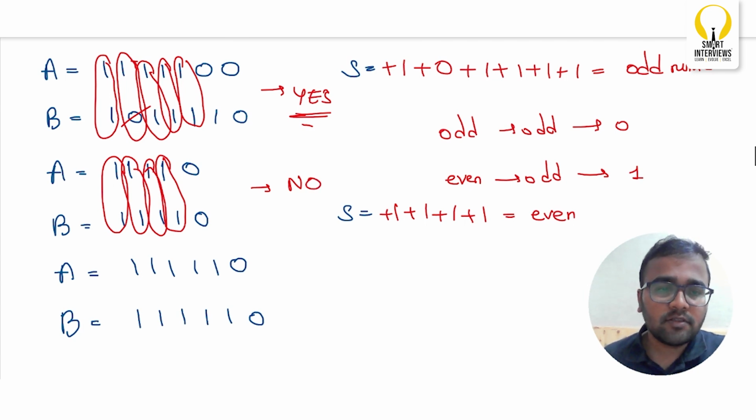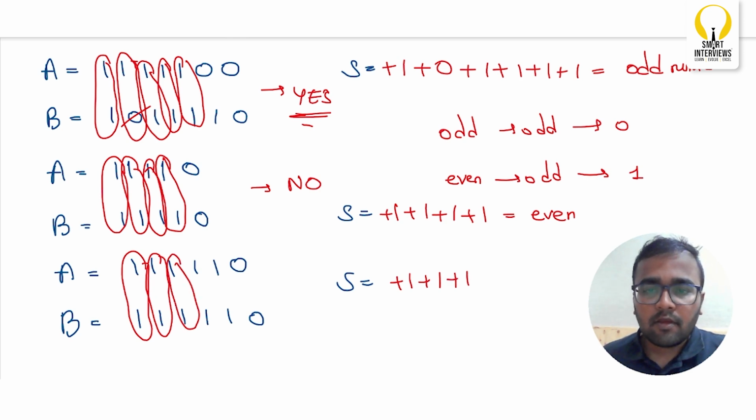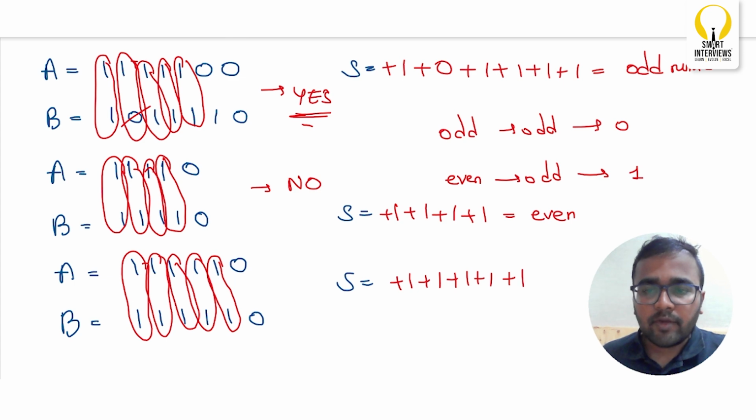Now coming to the third case. Same, if you have 1 and 1, you will simply increment it. 1 and 1, increment it. 1 and 1, increment it. 1 and 1, increment it.